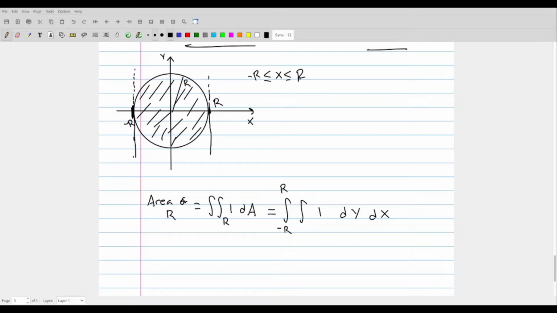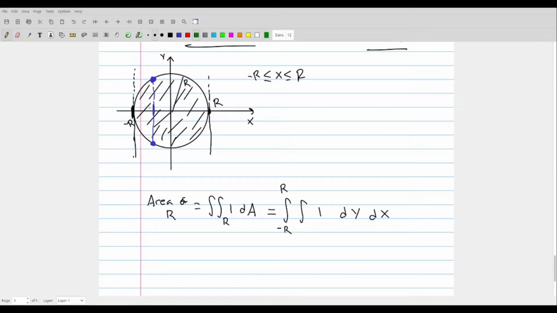Y, on the other hand, is not so straightforward because for any given x value, if you fix an x value in this region, the lower bound for y is the bottom of the circle, and the upper bound for y is the top of the circle. And this changes depending on what point you look at.